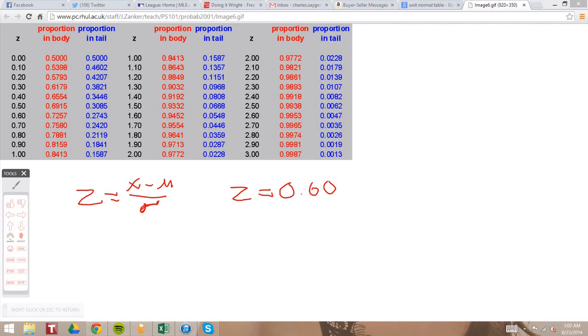As you can see, you have z values in one column, proportion in body in another column, and proportion in tail in a third column.